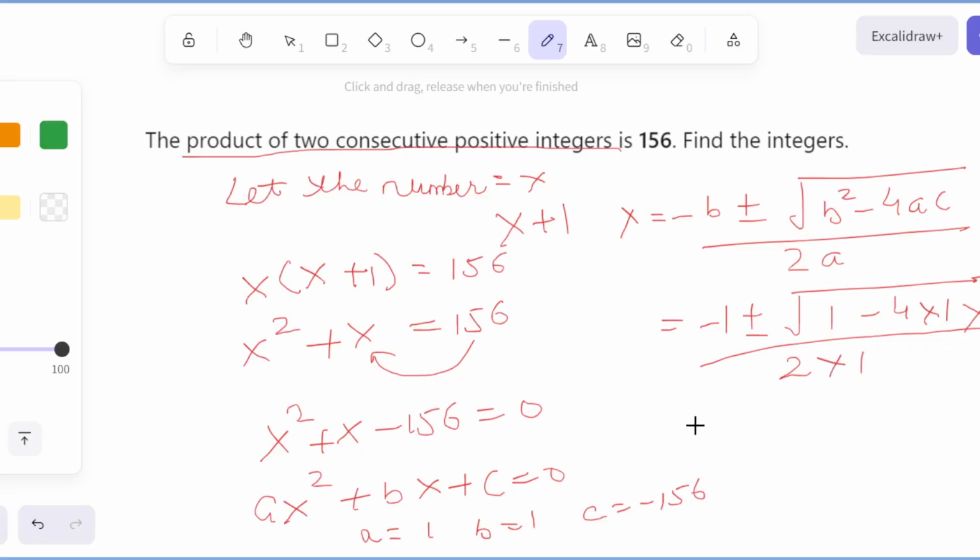Now we have to expand a little. So this will become minus 1 plus minus, and this is minus 156. So this is going to become 1 plus, you can multiply 156 with 4, and then we need to find out their square root.